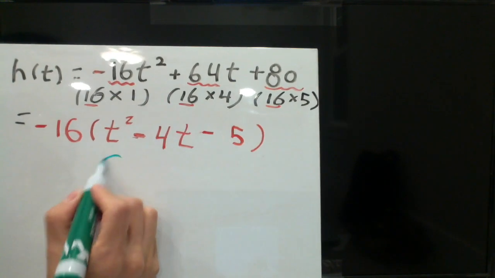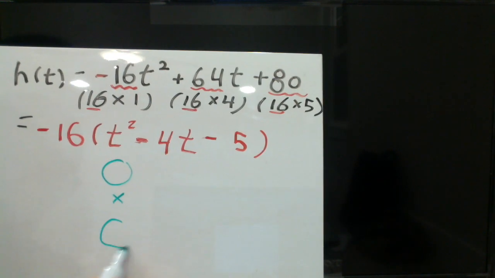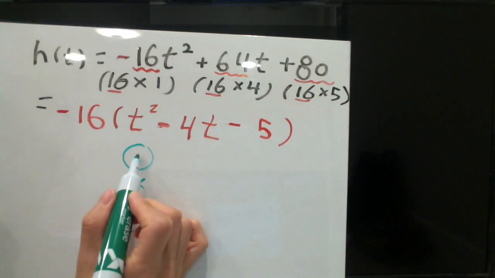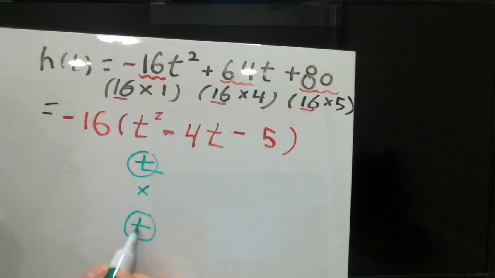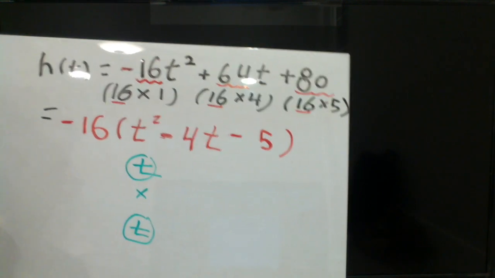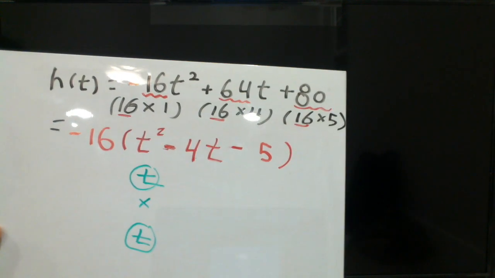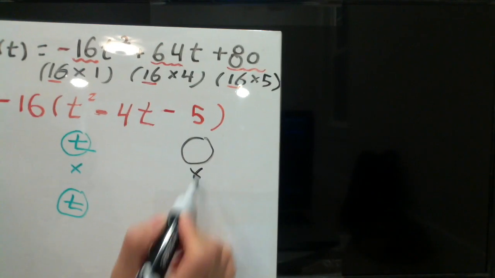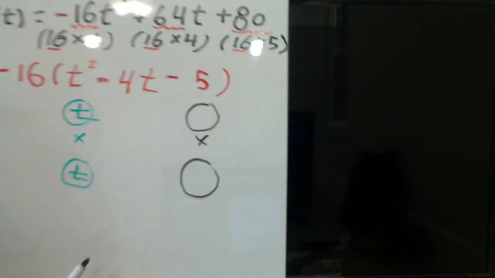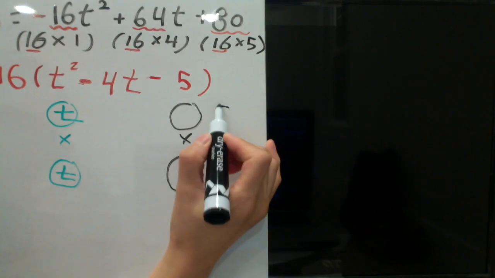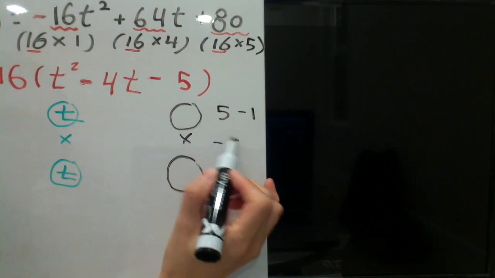Find two numbers that make t. So I'll write down t and then t. If we do t times t is t squared, right? And this number right here, I'll find two numbers that make negative 5. So if you see, either it's 5, negative 1 or negative 5, 1.